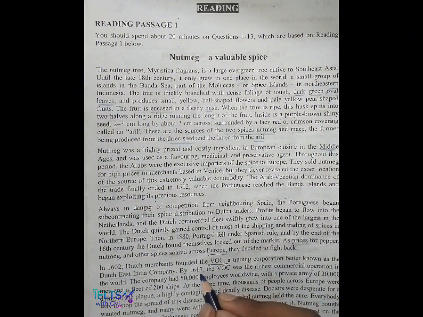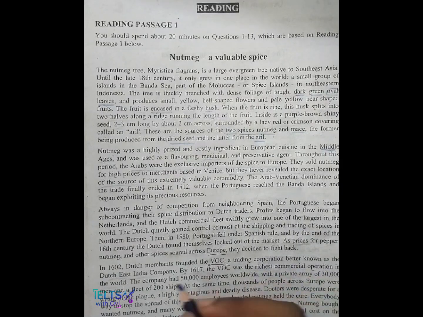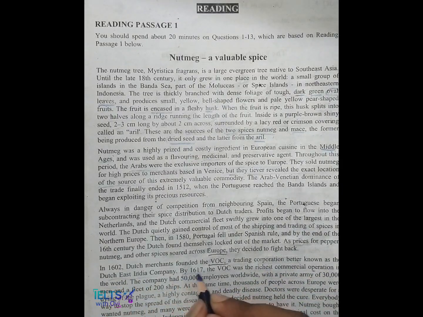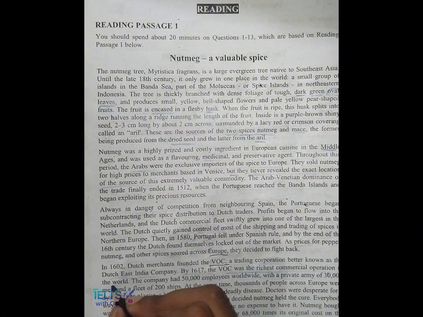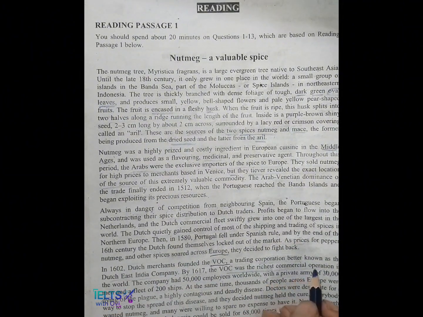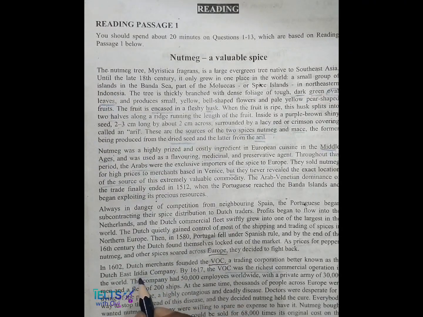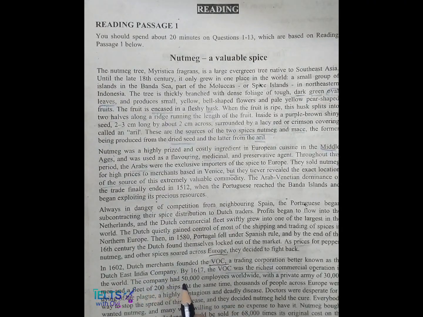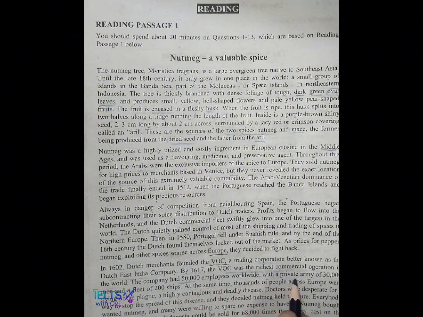We find a trading competitor known as the East India Company. By then the VOC was the richest commercial operation in the world. The company had a worldwide private army of 30,000 men and a fleet of 50 ships.